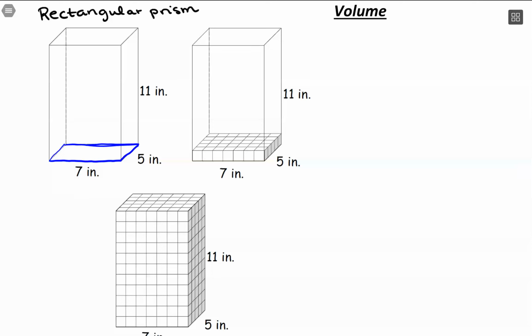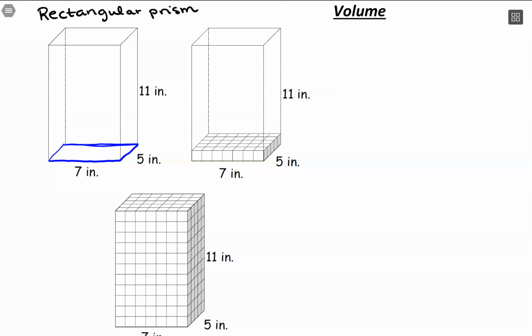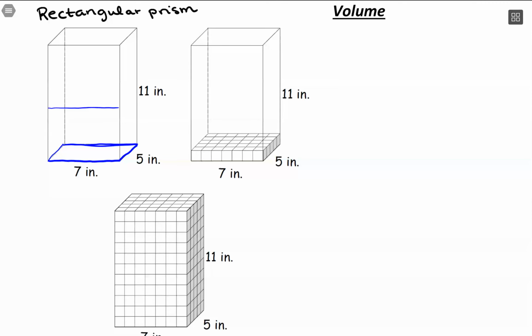You could almost think of this as a very tall cake. If you start slicing into this image, no matter where you cut, you'd get the same rectangle out. You'd have a 7x5 rectangle no matter what stage of that prism you cut into. That's what makes it a rectangular prism, because that rectangle would be showing up each time.